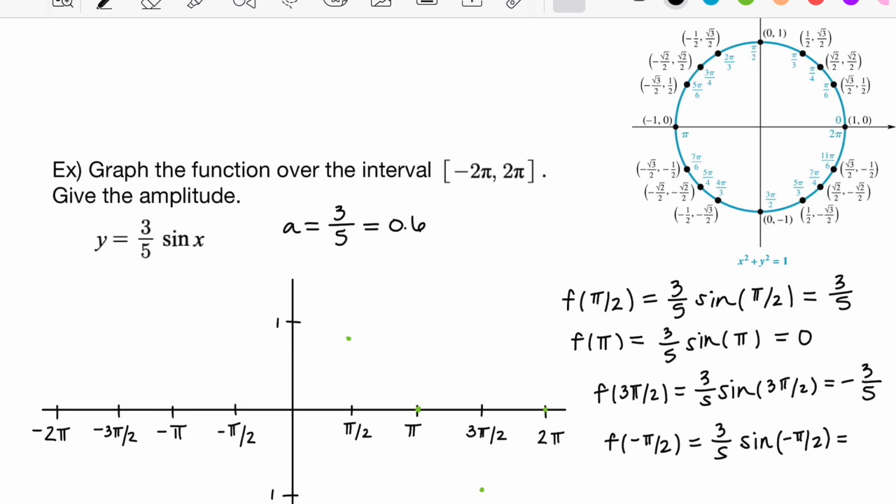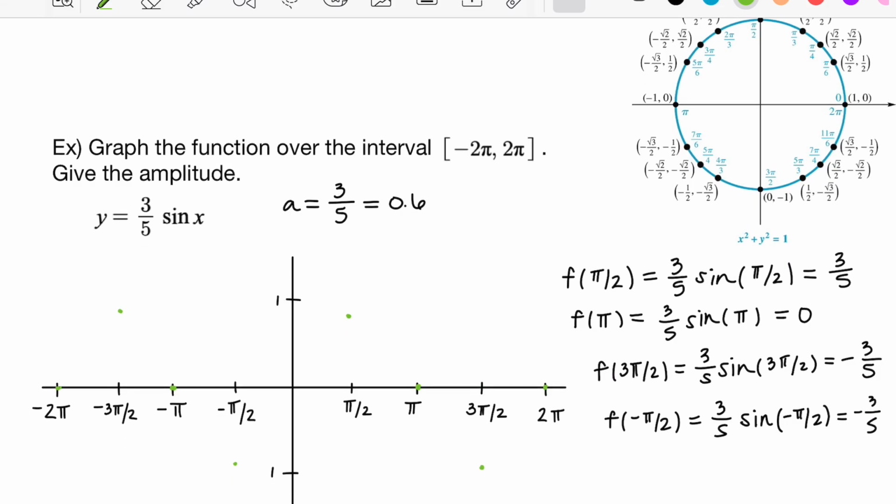In this case, our y value is -1, so we'll get -3/5 here, right about there. So repeating this process, we'll see that plugging in minus pi gives us 0, minus 3 pi over 2 gives us 3/5, and minus 2 pi gives us 0 here.